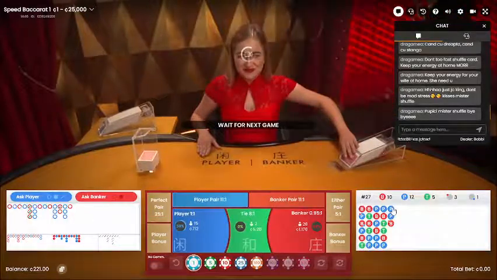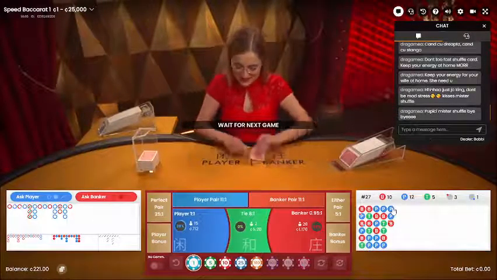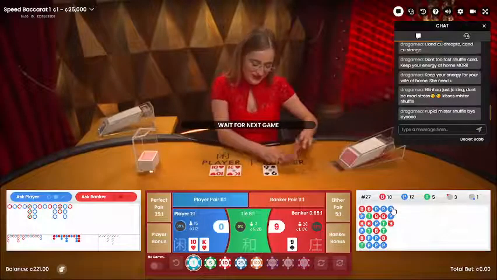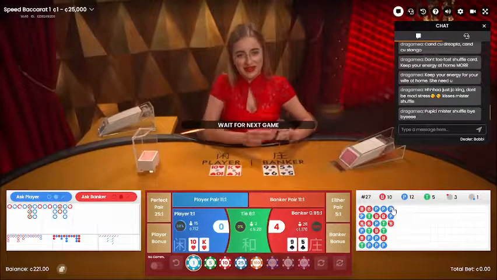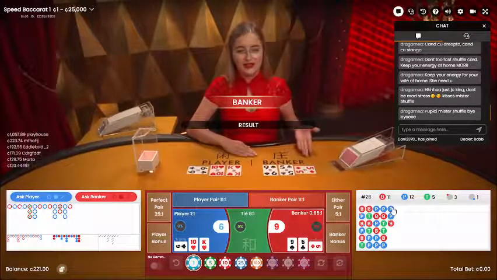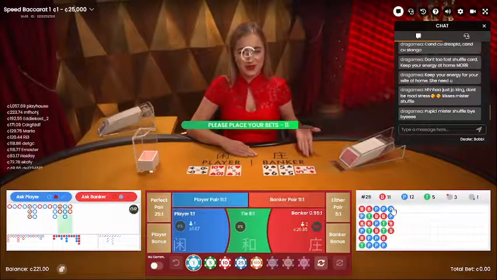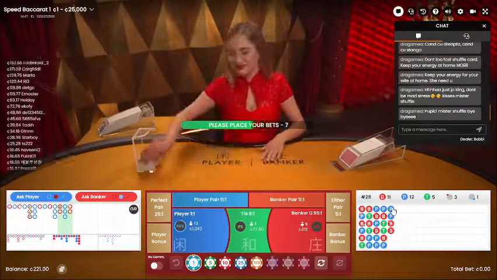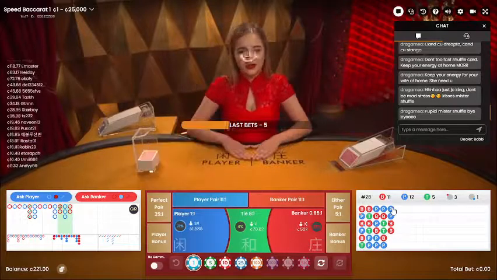Our target is to win 1, and for me, I use the super martingale to place my bets such that the first one is a unit bet, the second bet will be 3 of the base bet, the third outcome will be 7 units, and then the fourth outcome will be 15 units.